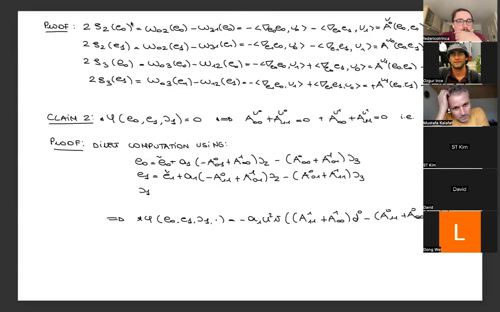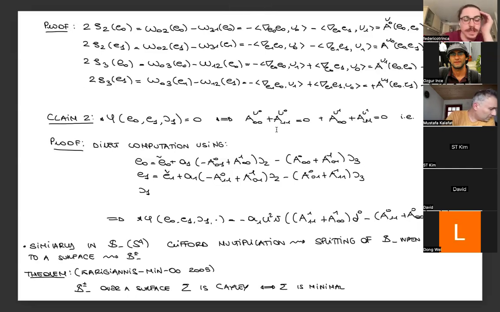Okay, so I'll just move forward, I guess. Similarly to this case, we can think about the negative spinor bundle of S4, and using the so-called Clifford multiplication, which is some geometrical object which the spinor bundle of a manifold has, we can split the spinor bundle over a surface into two subbundles, S plus and S minus.